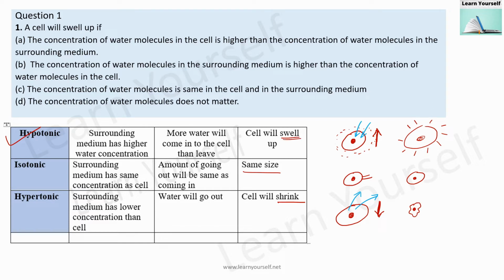So if you remember this table, you can answer all the multiple choice questions based on this topic. So here our correct option is the concentration of water molecules in the surrounding medium is higher than the concentration of water molecule in the cell. Then the water will come in and the cell will swell up. So option B is the correct option.